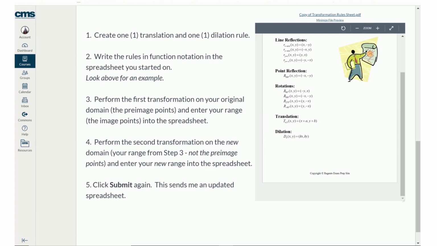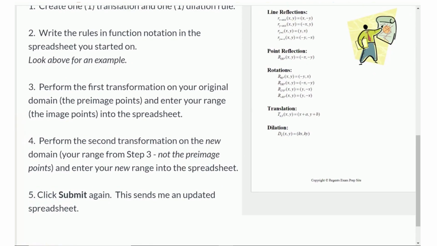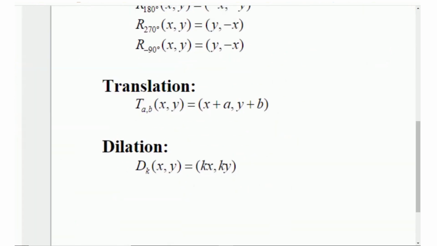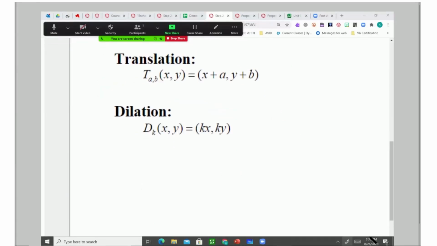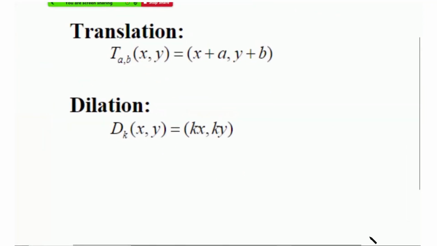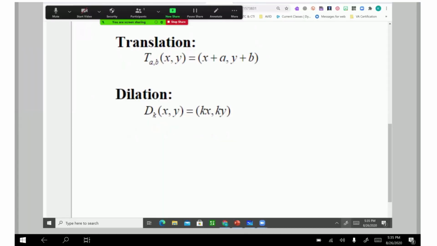Let's pick a transformation rule. So let's zoom in to see what the transformation rules look like. All right, so we're going to pick a translation. So translation is actually made up of a horizontal movement and a vertical movement. So our horizontal movement is going to be A. A is our horizontal movement.